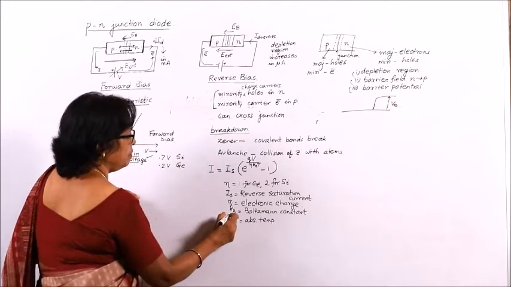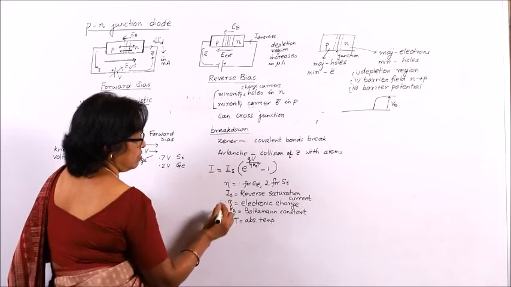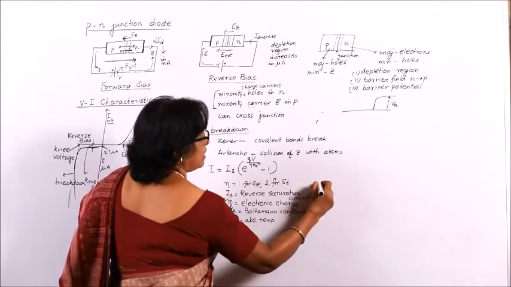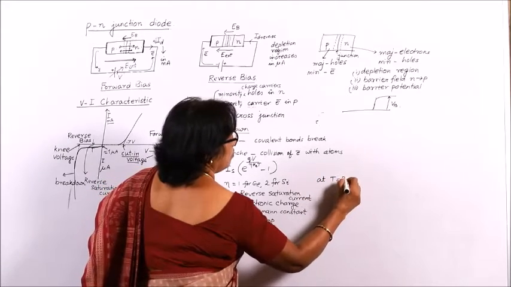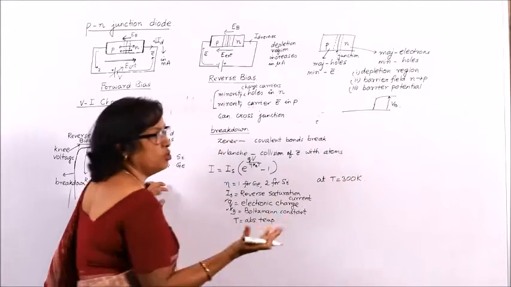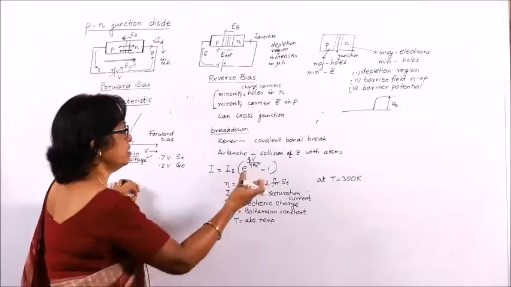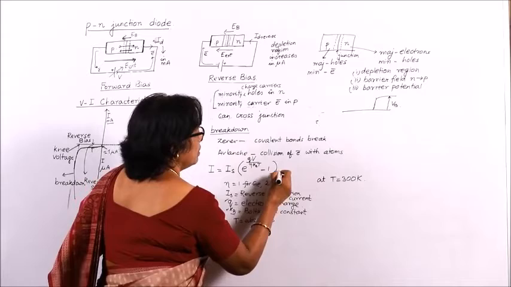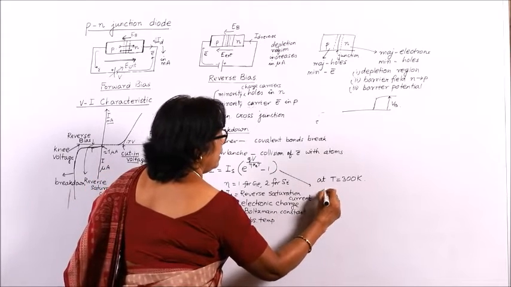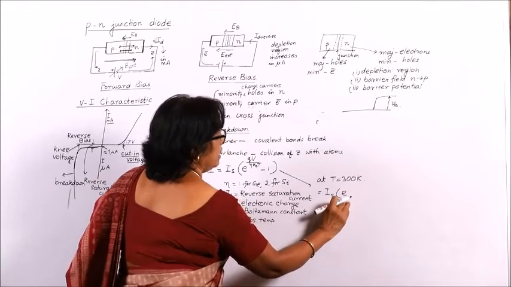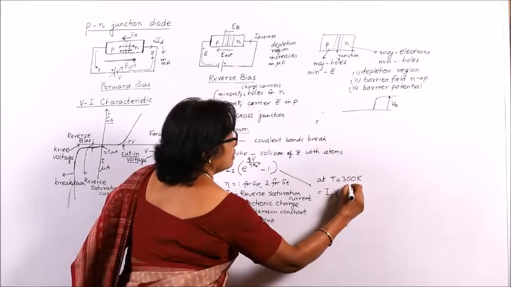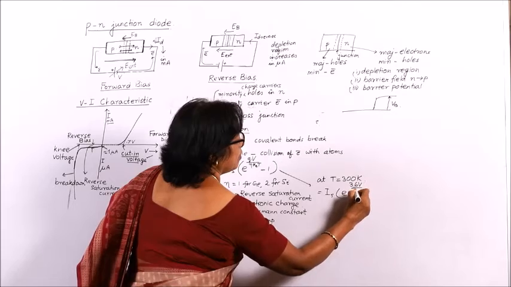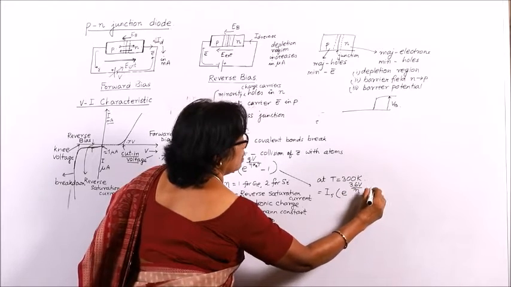If I put the values of these constants, the electronic charge and kB, and let us take the temperature as 300 K, which is room temperature, more or less 27 degrees centigrade, this reduces to I equals Is e to the power 36 V by eta minus 1.